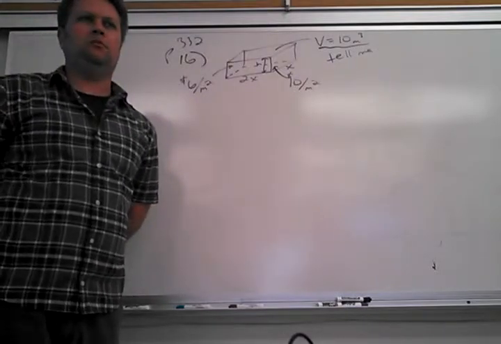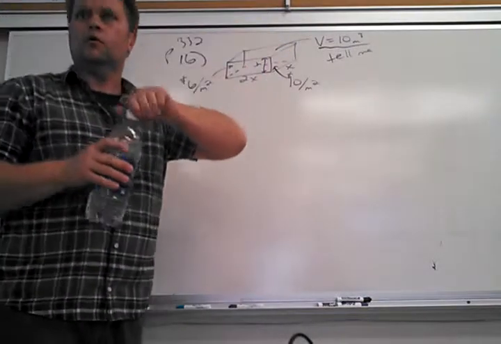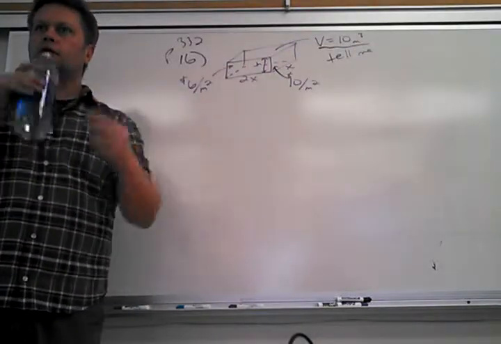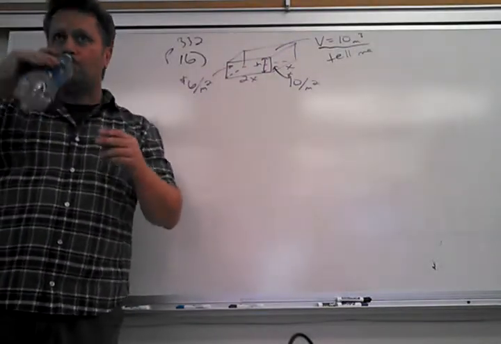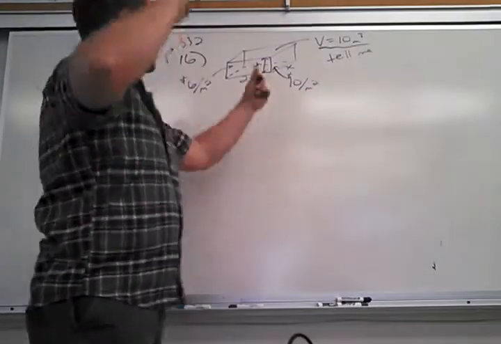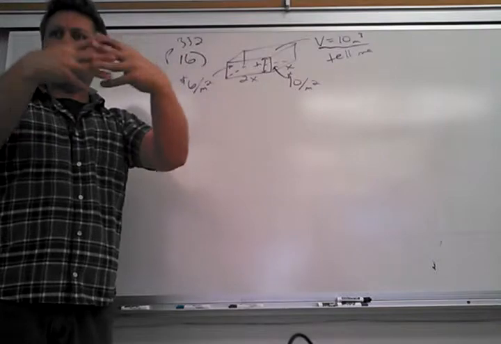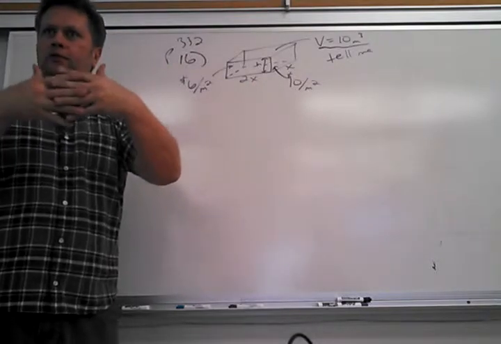So where's a good place to start? What about the volume? x times 2x times h. I see a connection between something they told me and something I don't know anything about, and they're connected. That's always nice when that happens in math.